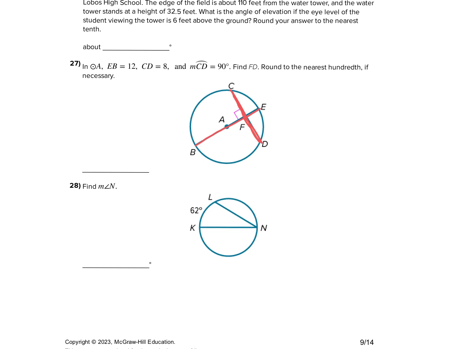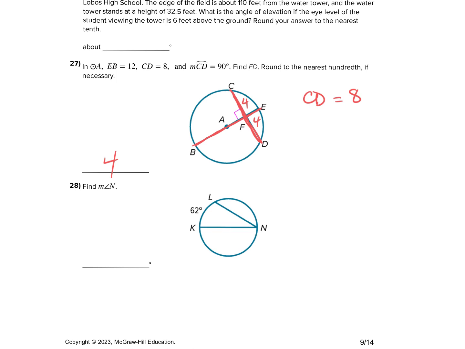Okay, so if CD is equal to 8, the diameter being perpendicular cuts it in half. So each portion is just 4. Okay, that's all you need to know about that.